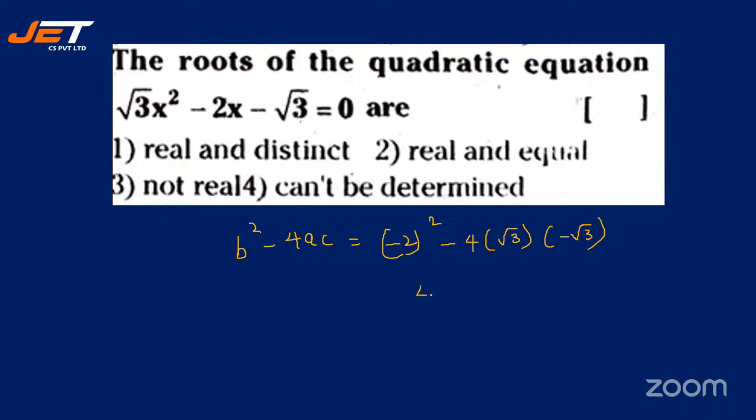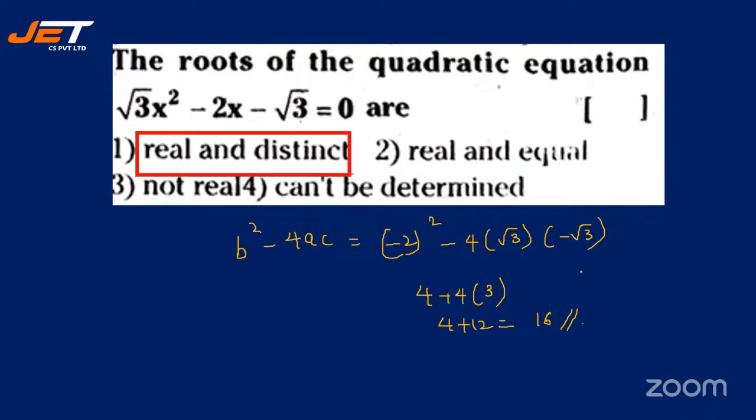So 4 minus 4 into root 3 into root 3 is 3, minus 3 minus plus, so it is 4 plus 12, which is 16. So now it is greater than 0, so the roots are real and distinct. So it is option 1. You have to conclude that b square minus 4ac is greater than 0, therefore the roots are real and distinct.